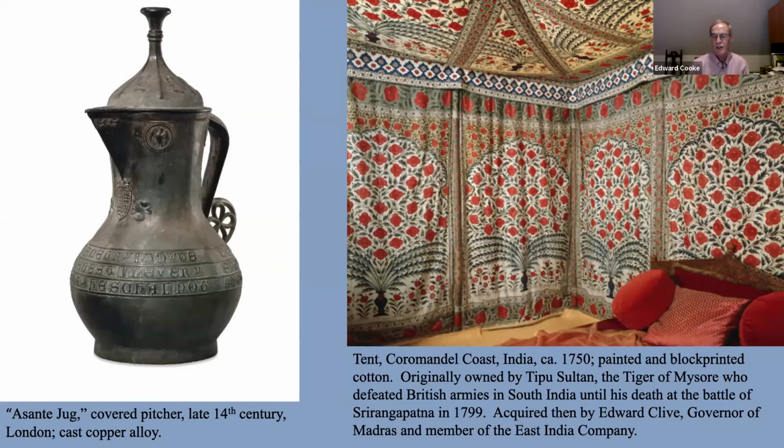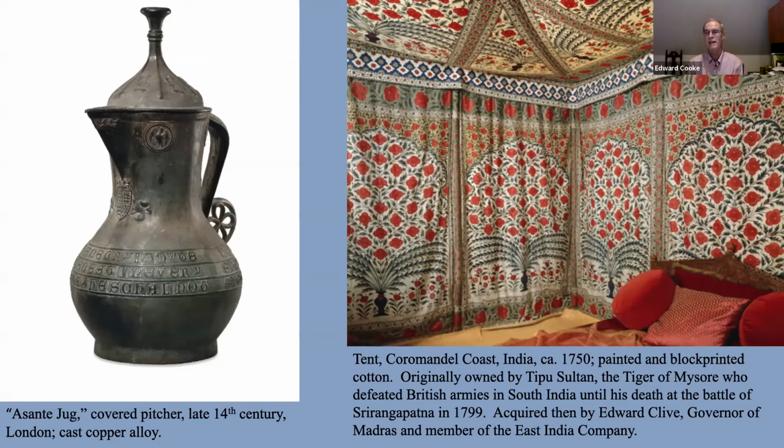It's the same way with the tent, the panels of painted cottons that you see on the right side, which are now at Powys Castle in Wales. They were a typical product of the Coromandel Coast, painted and block printed cottons.